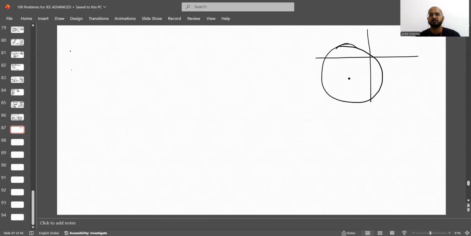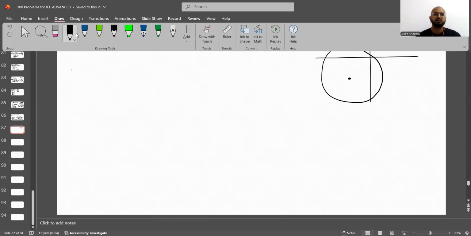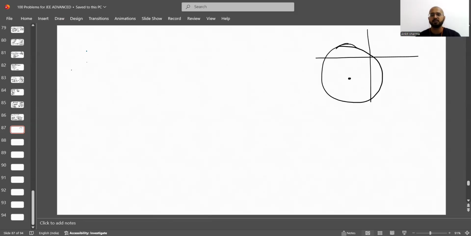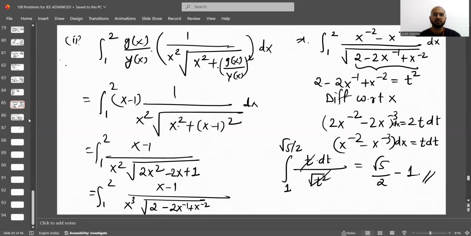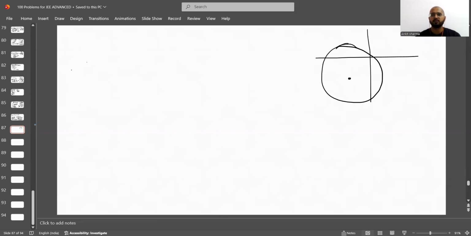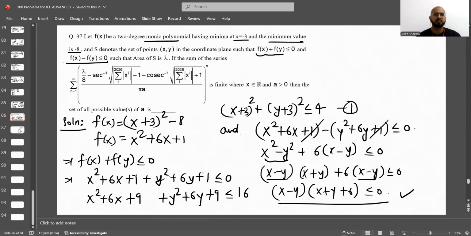So in that, this is my circle, and then we have the line x minus y, which means the line is going to be that line here. Y is equal to x line, and x plus y plus 6 is equal to 0. So y is equal to x line would be, of course, like this. This is my y is equal to x line.